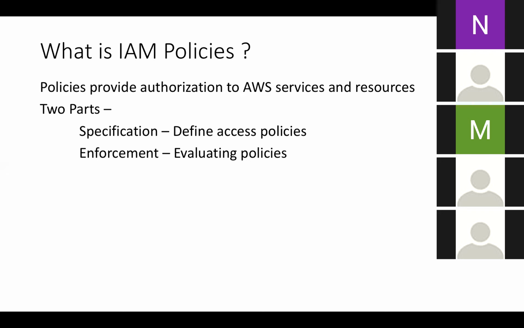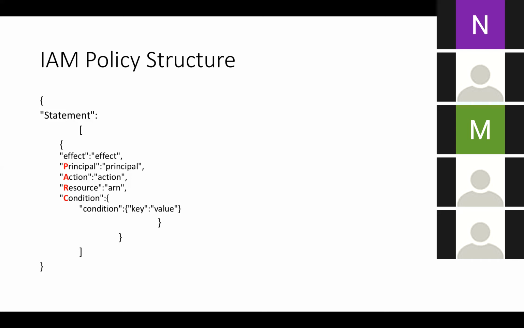When you create a policy, it comes with a principal, action, resource, and condition. Principal is nothing but your user, and the action, in AWS, is very easy, right? You have only two actions. One is allow, the other one is deny. And this is an interview question as well.